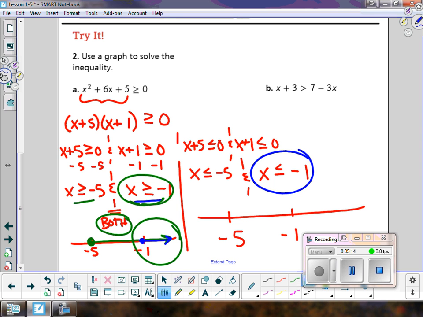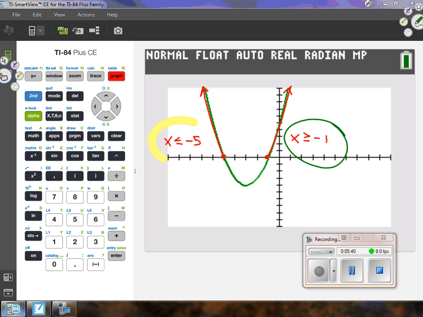The blue, we're looking at less than or equal to -1, and the green, we're looking at less than or equal to -5. Where do you see both colors? Here, to the left of -5. So this is the other half of the solution. This is the right half of the solution that we saw on our graph. X is less than or equal to -5, or x is greater than or equal to -1.